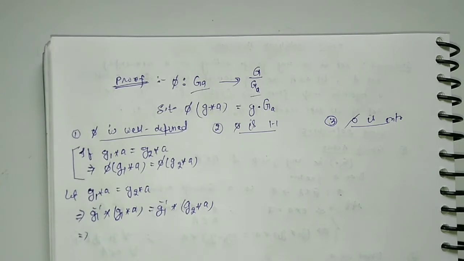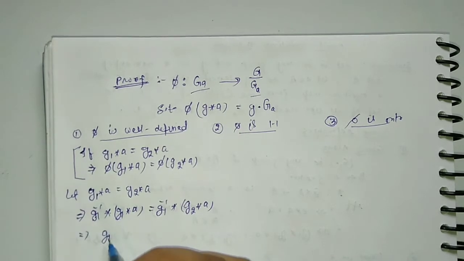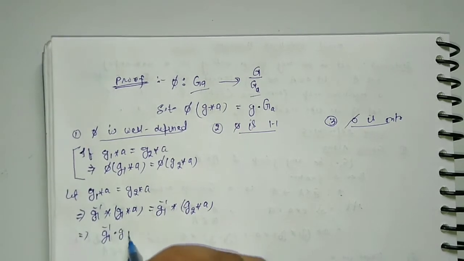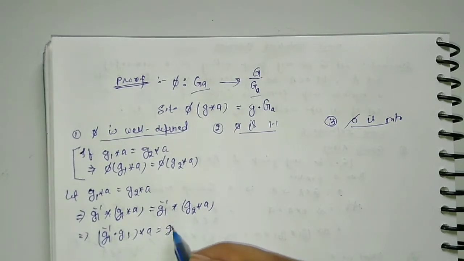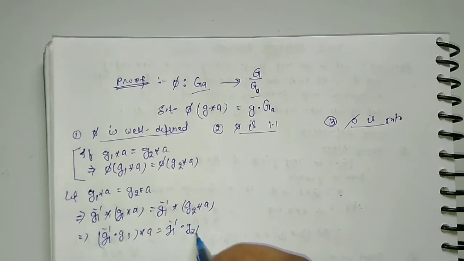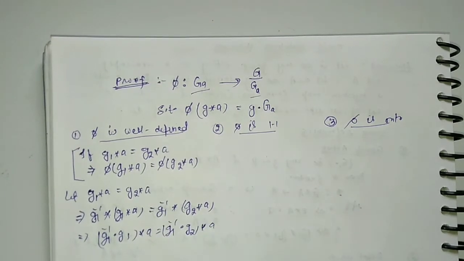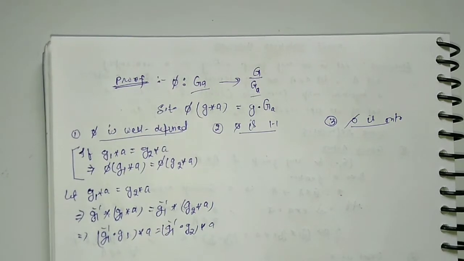From the definition of group action, g1 inverse star g1 star a will be equal to g1 inverse dot g1 star a, and this will be equal to g1 inverse dot g2 star a. This comes from the definition of group action.